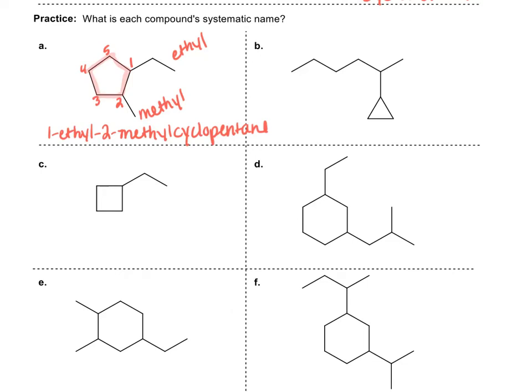The next one, this chain is 1, 2, 3, 4, 5, 6. So that's our parent chain. We want to give our substituent the lowest possible number, so we're going to start on the right side. So on number 2, we have a cyclopropyl group, and our parent chain is hexane.